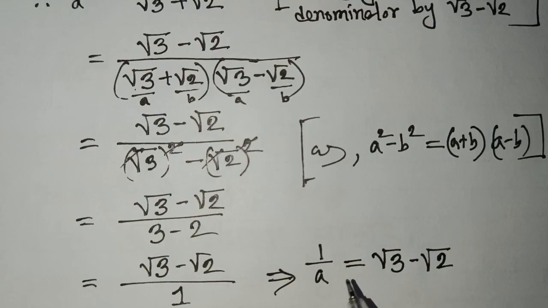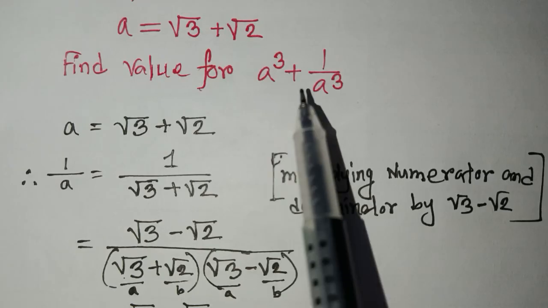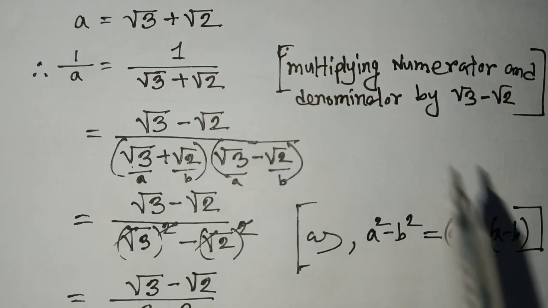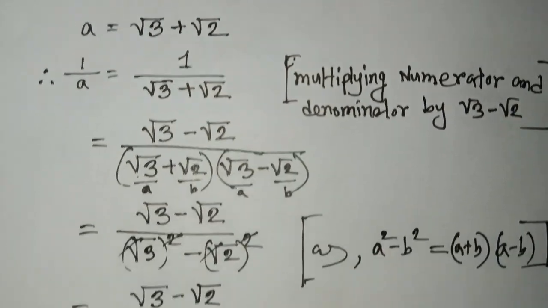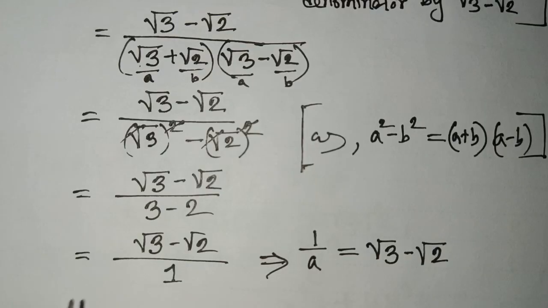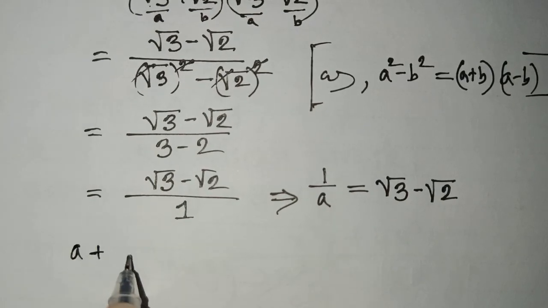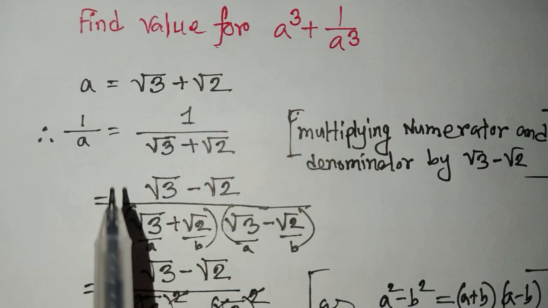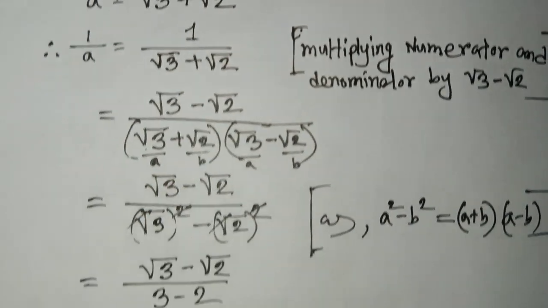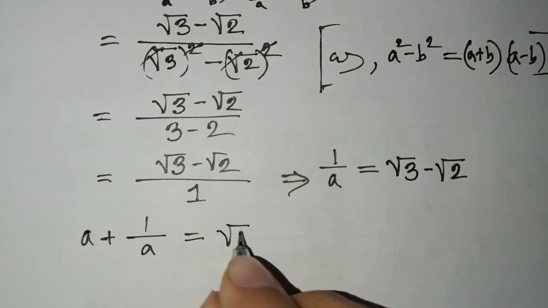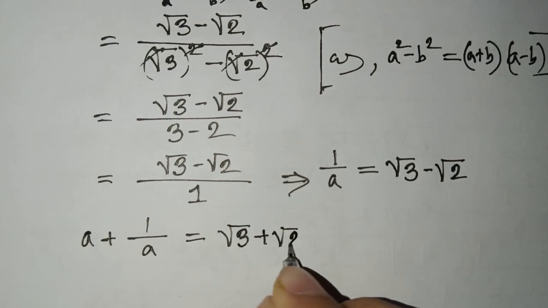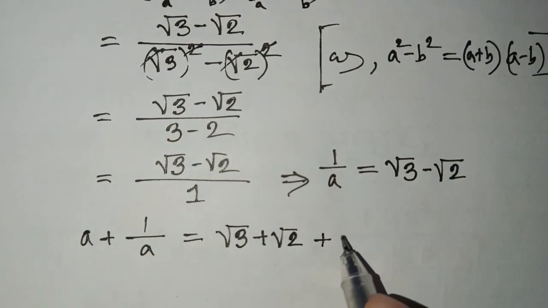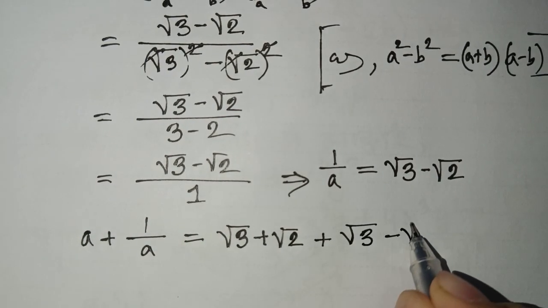This is the value of 1 over a. As we are finding a cube plus 1 over a cube, we now have to add the value of a and the value of 1 over a. So a plus 1 over a equals the value of a, root 3 plus root 2, plus the value of 1 over a, root 3 minus root 2.